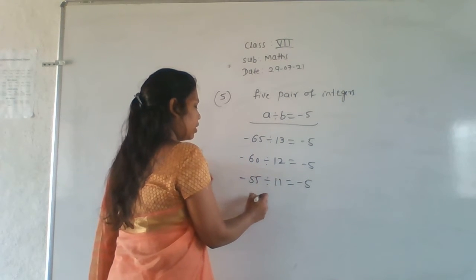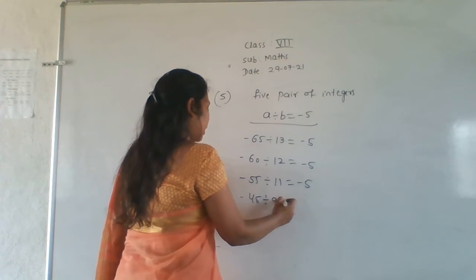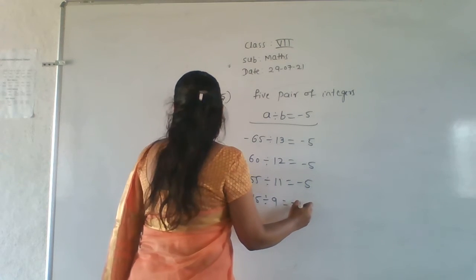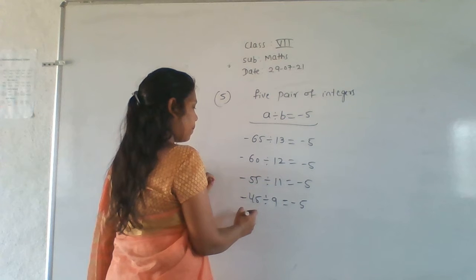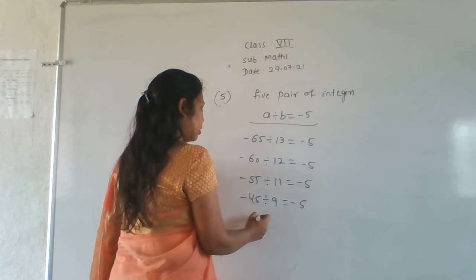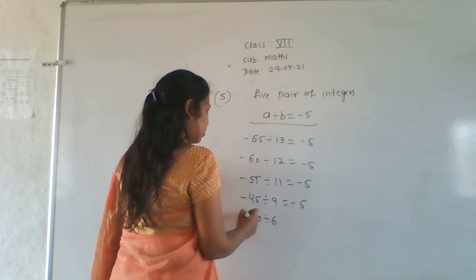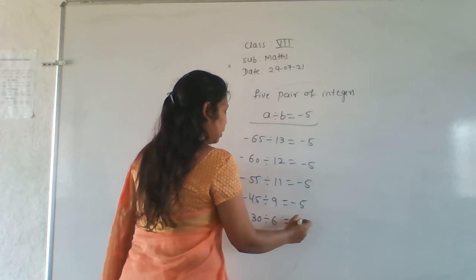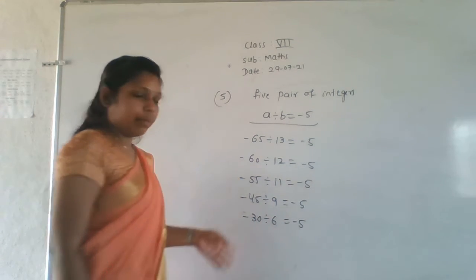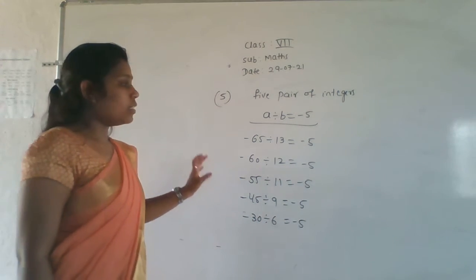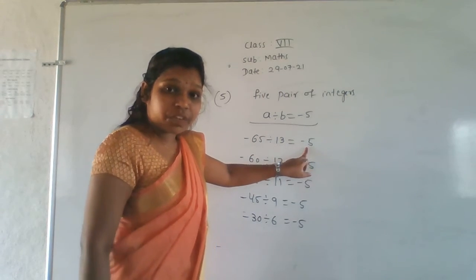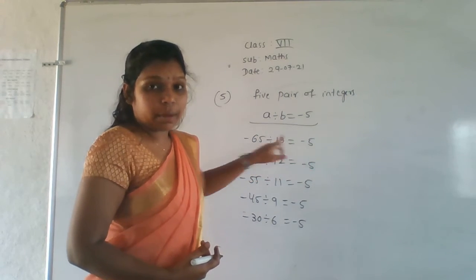Next, minus 45 divided by 9 will again be minus 5. Next, minus 30 divided by 6, right? So that will be minus 5. You can take any numbers, not only these numbers. Just our quotient must be minus 5. Like that we have to write the numbers.